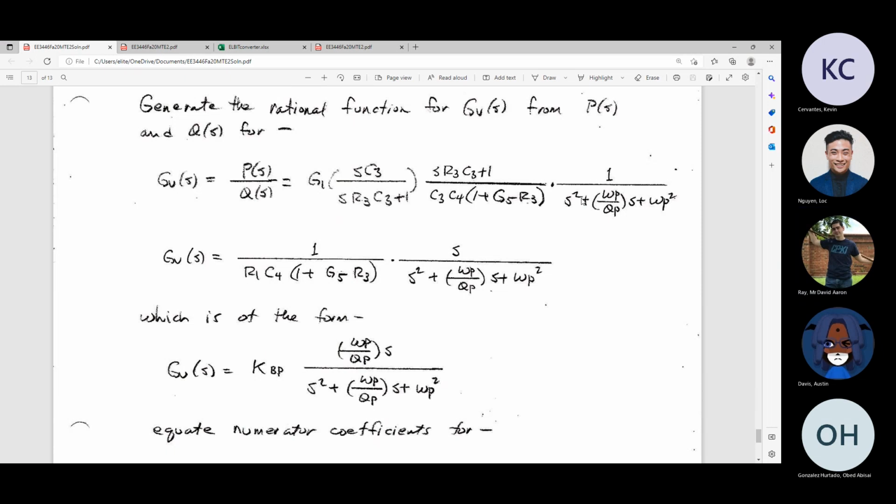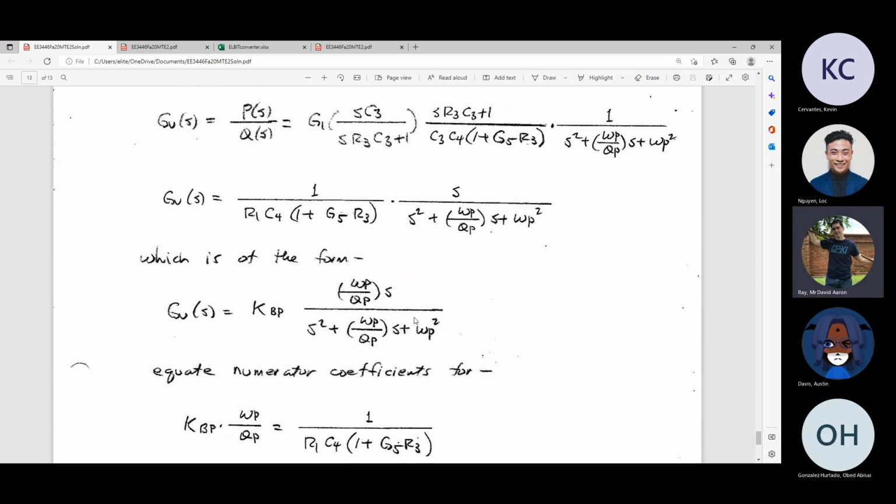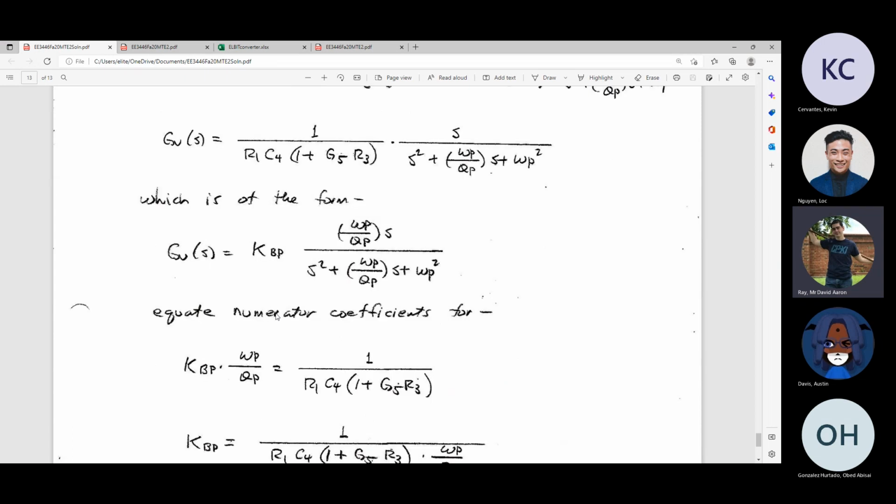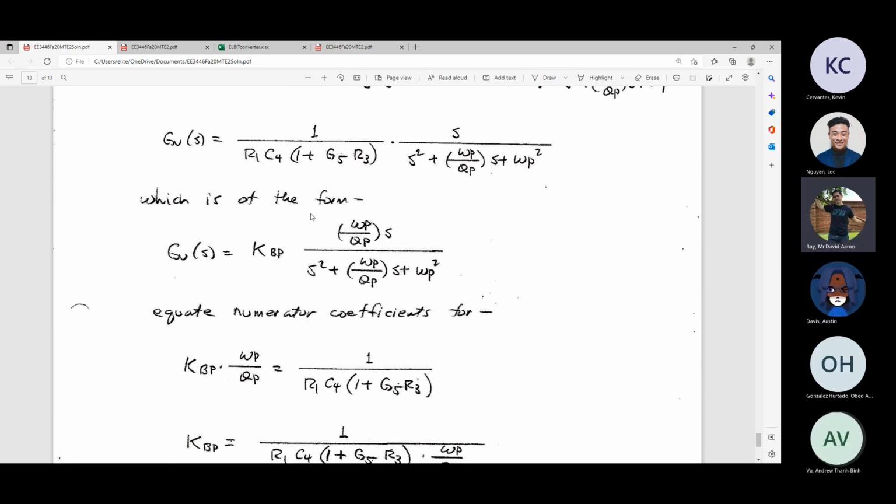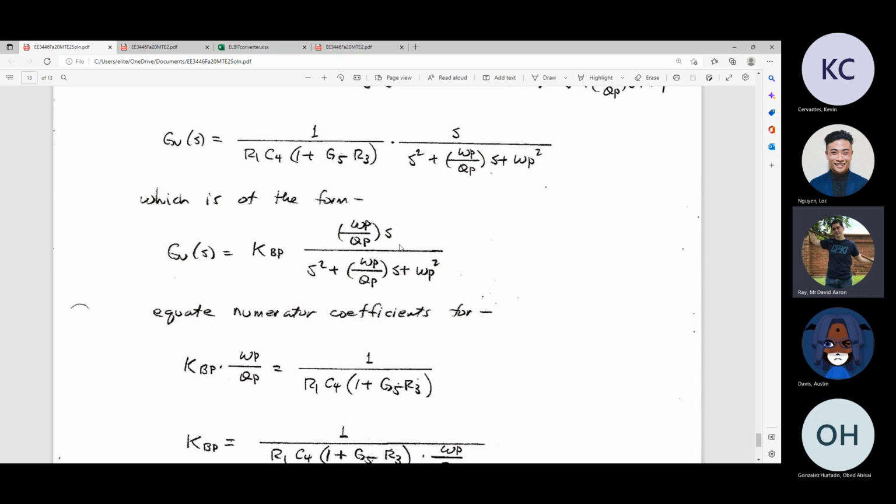And then solving for those values, you get this large expression for circuits too. And then your K value is, this is the main equation that I want to show: omega p over qp times S over S squared plus. Now I'm confused, honestly, at this point. There's an S in the numerator, so now this is technically a first order equation.